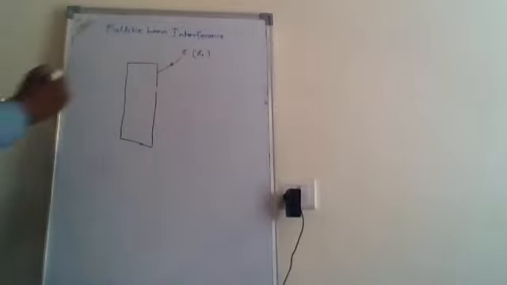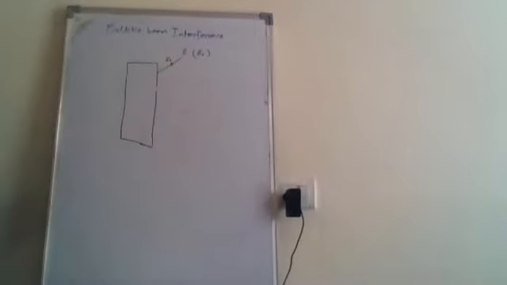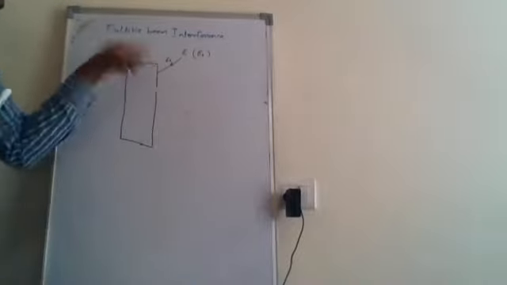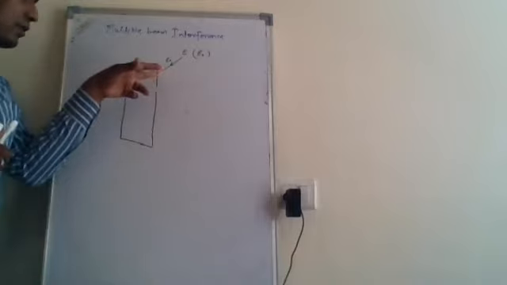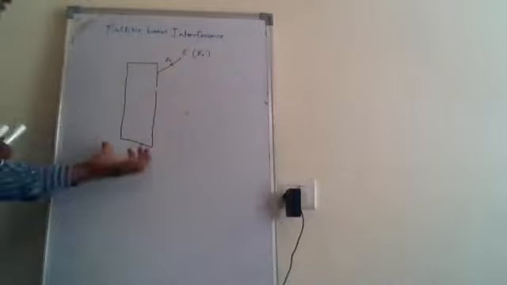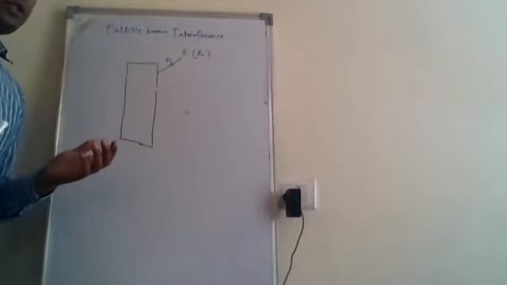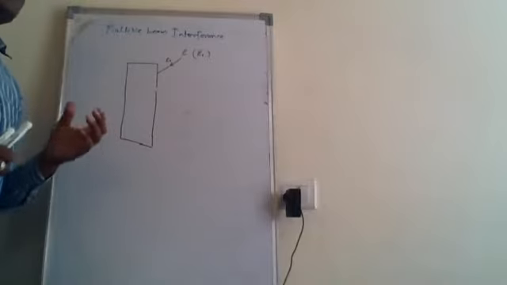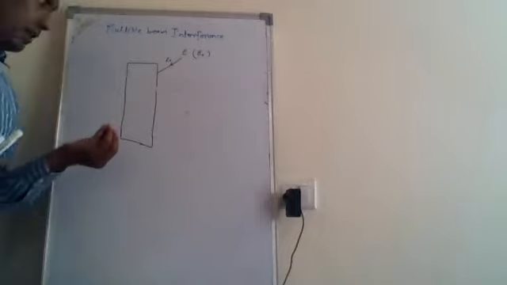So E naught is the amplitude of this incident light. We know that when light is incident on this thin film, some part of the light will be reflected and some part will be transmitted. It means that for this thin film we have to consider a reflection coefficient and a transmission coefficient.